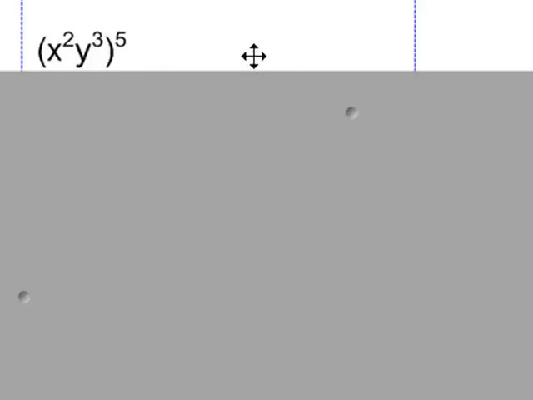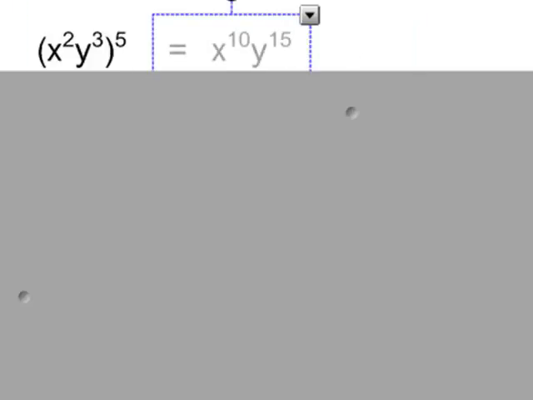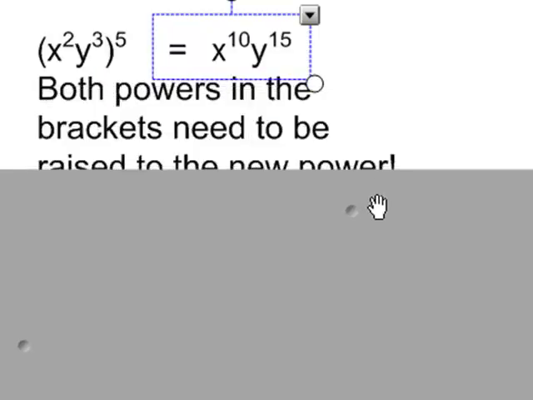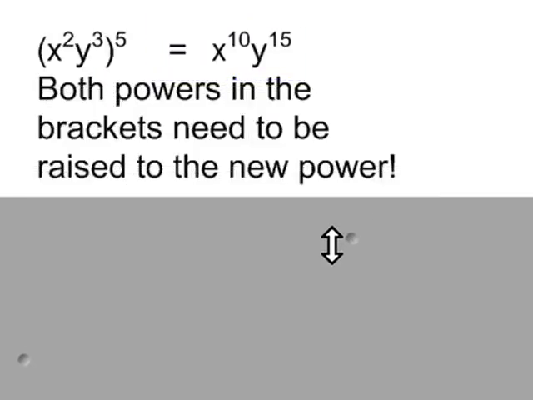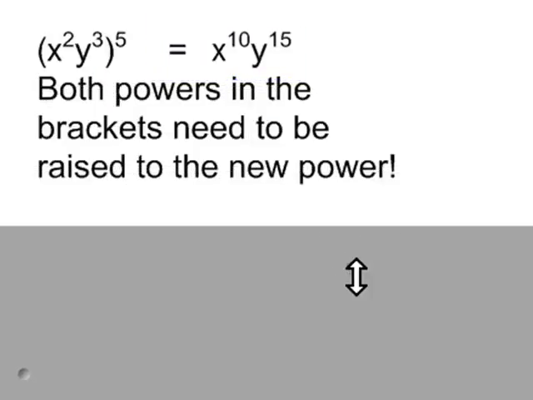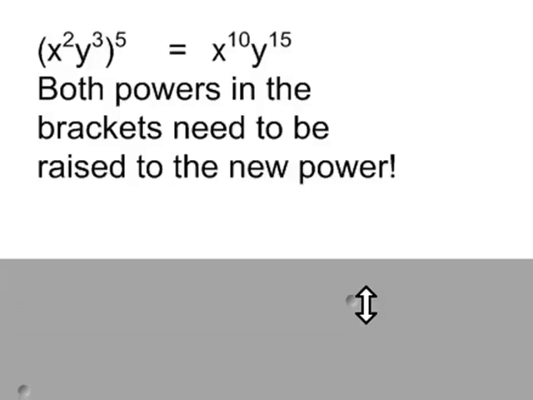When we do this, we'll be left with x to the power 10 as 5 times 2 is 10, and y to the power 15 as 5 times 3 is 15. Both powers in the brackets need to be raised to the new power. That's it for the example.